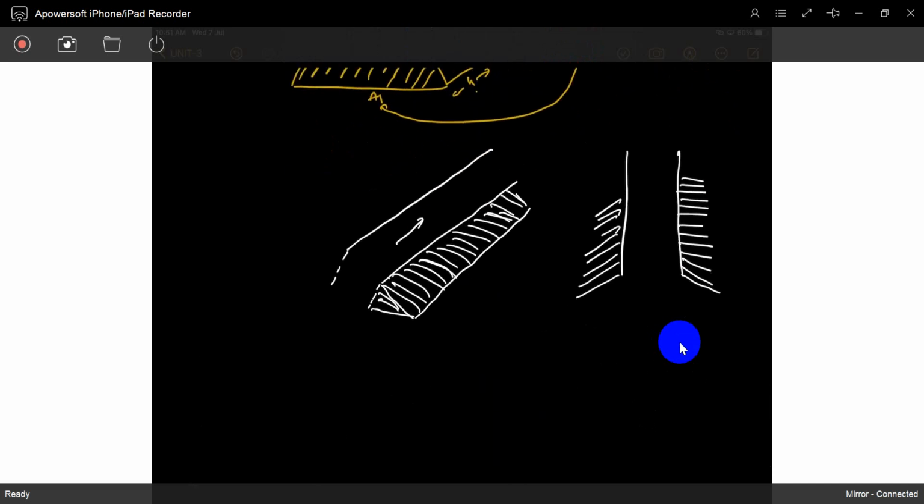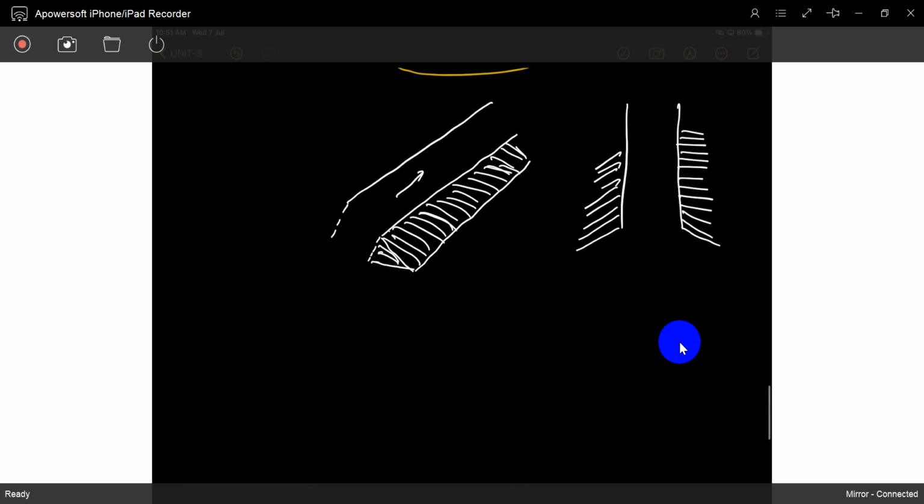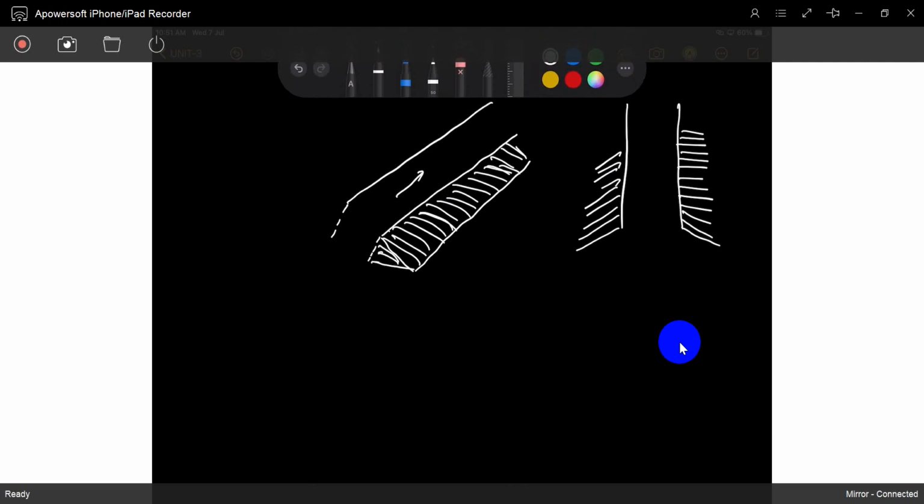You have to fill up like this. You have to maintain a certain slope for places where people sit and enjoy the locations.